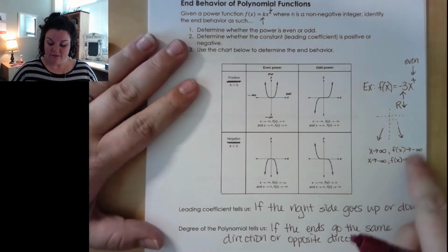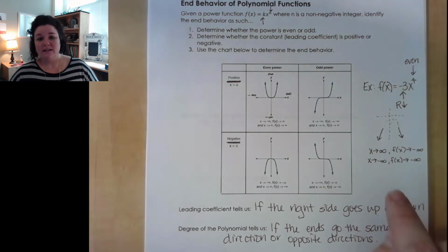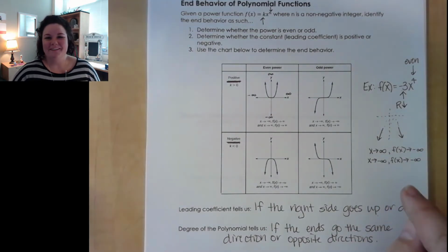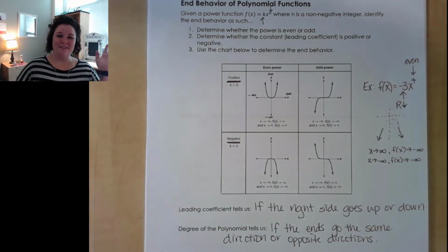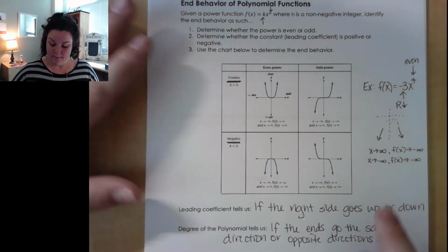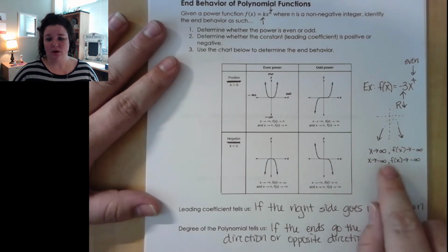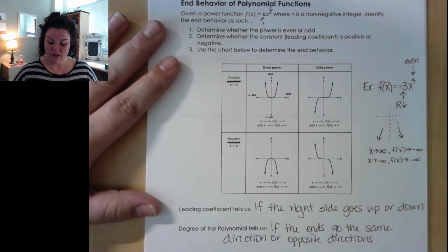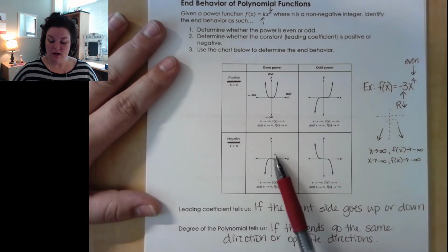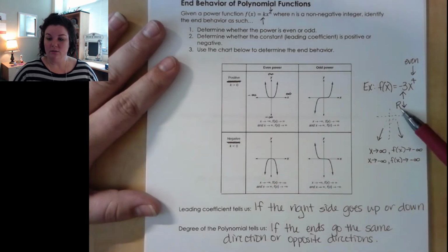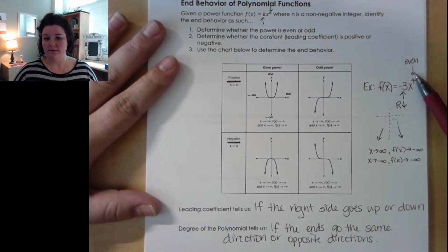This is just a fancy way of saying the right side goes down and the left side goes down, or the right side goes up and the left side goes up, or whatever the case may be. But this is a notation that you're going to see in your homework and possibly on a test, so I want you to be familiar with it. What we're going to do is look at some examples using this chart to determine the behavior of the right, and whether our ends go the same direction or opposite.